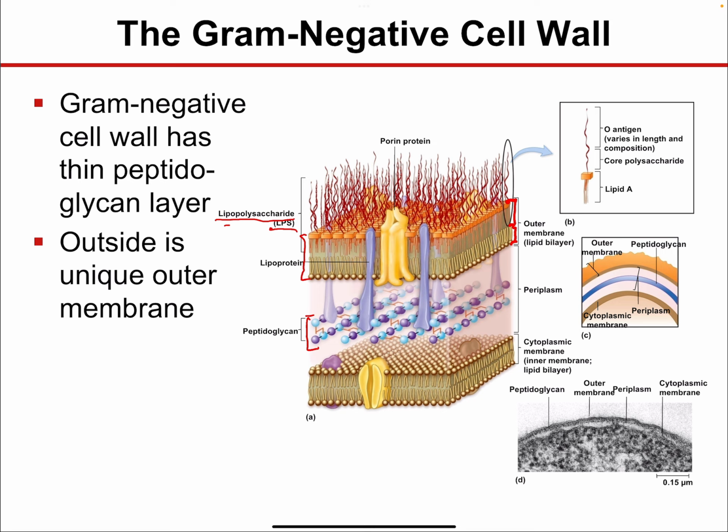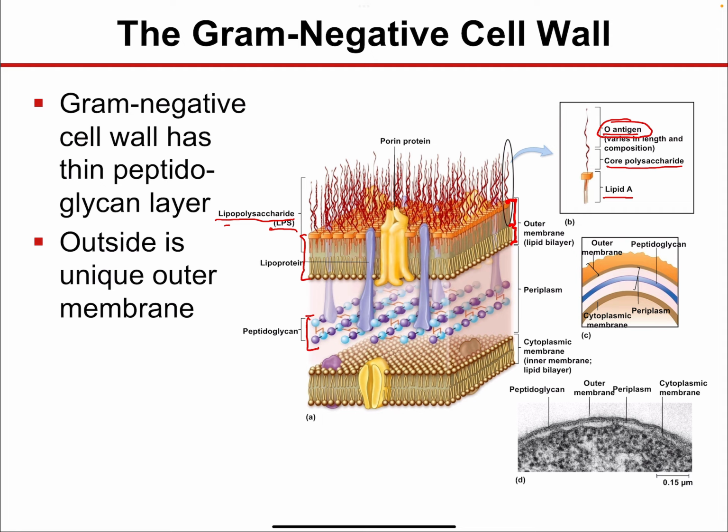Lipopolysaccharide, or LPS. That LPS is made up of three parts: lipid A, the core polysaccharide, and the O antigen. The O antigen is what sets the difference between one gram negative and another gram negative.